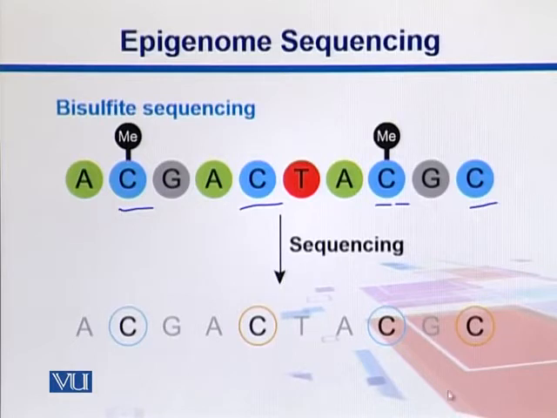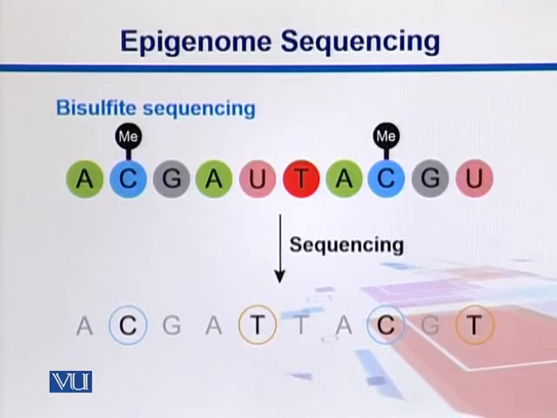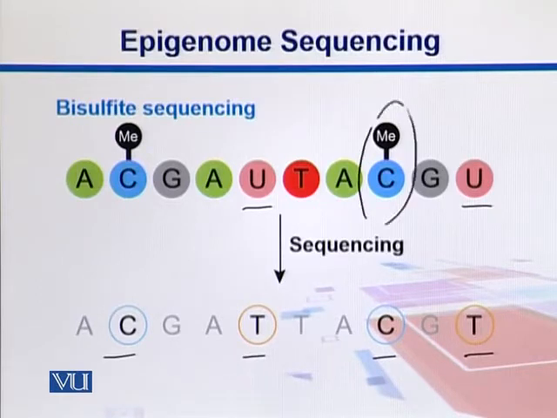What it does is convert those C's which are not methylated into U's, and then when they are sequenced, these U's become T's. The ones which were methylated remain as C's, but the ones which are not methylated become T's. So by comparing these two fragments with one another, we can identify where we have methylation patterns, which are right here in these two C's.